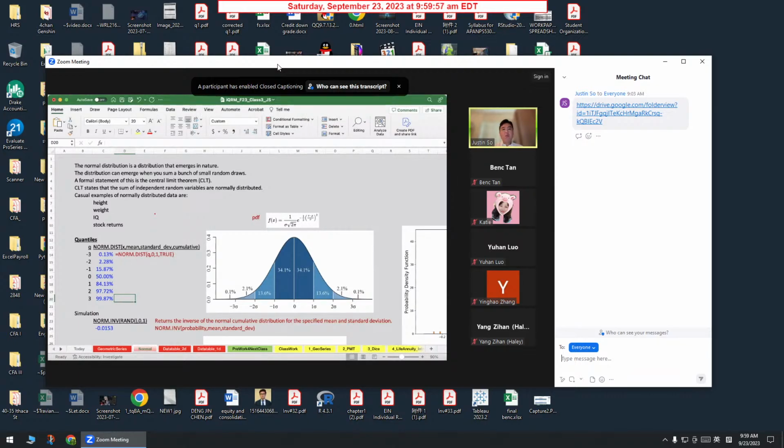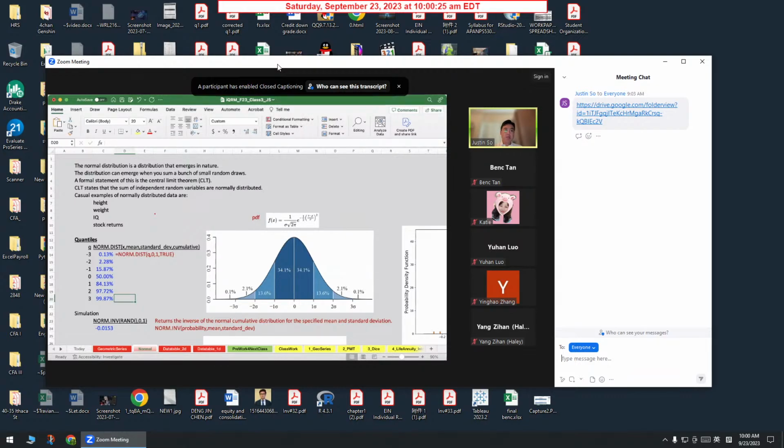It does not matter what distribution these samples are coming from, what the actual population has. If you draw random samples many times, the distribution of those sample means will have a normal distribution. That is the central limit theorem. But we're not going deep into it.